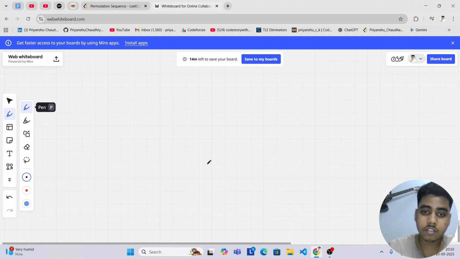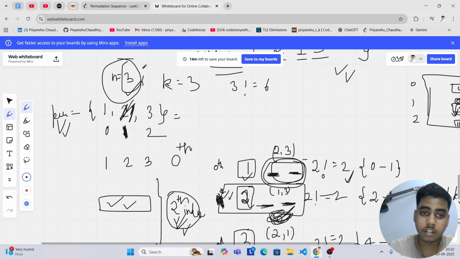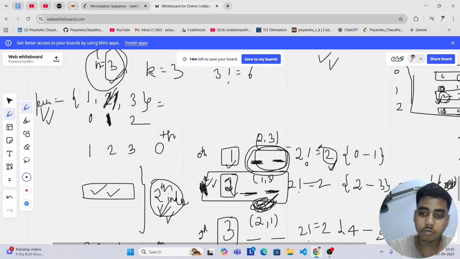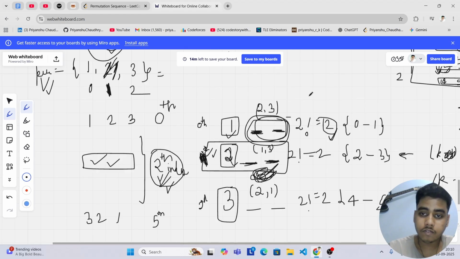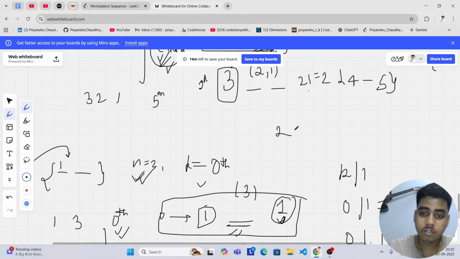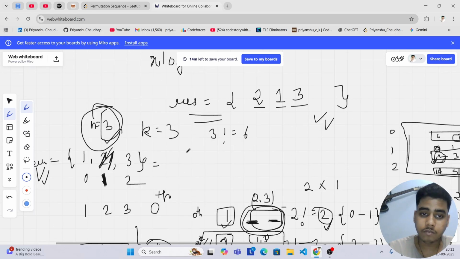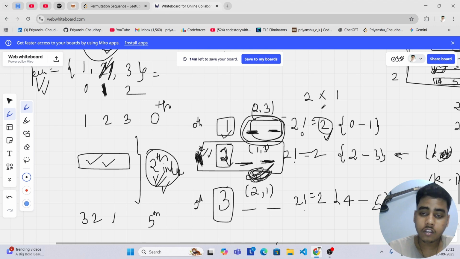Because in the first case, when i was equal to n, that is 3, my factorial was coming 2, then this factorial was 2 into 1, and next time when n is equal to 2, my factorial for one digit was coming 1, so I have to drop this 2. So before moving ahead I can divide this factorial 2 into 1 by 2.